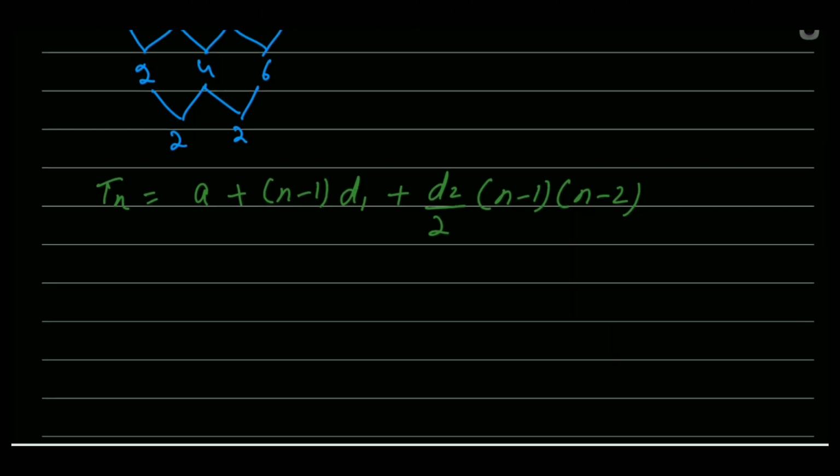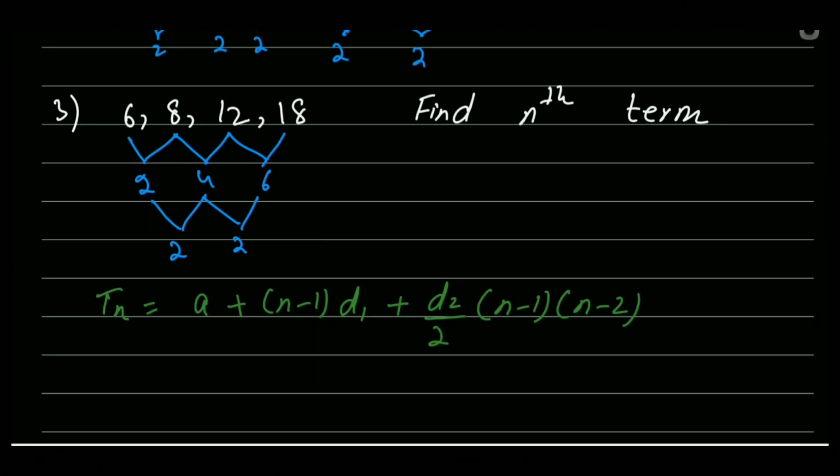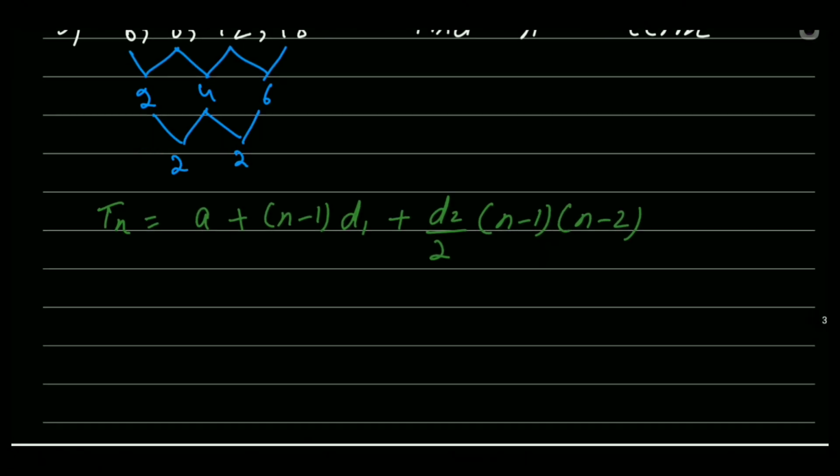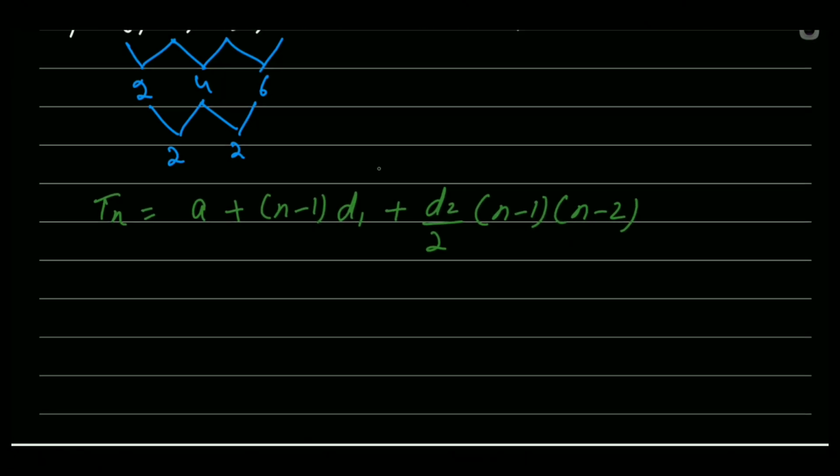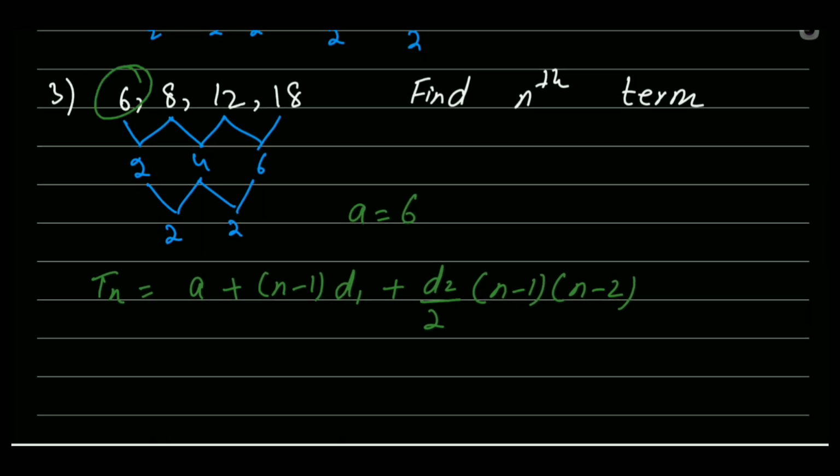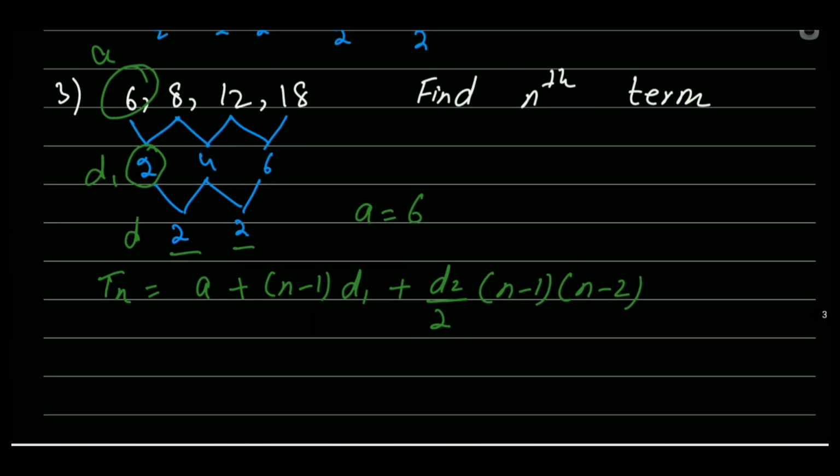So we will just put here the values. Here a is the first term of the original sequence, that is 6. This will be your a. What is d1? d1 is the difference between the first two terms. This is your d1, this is your a. And what is d2? d2 is the common difference, the second difference, so that is your d2.